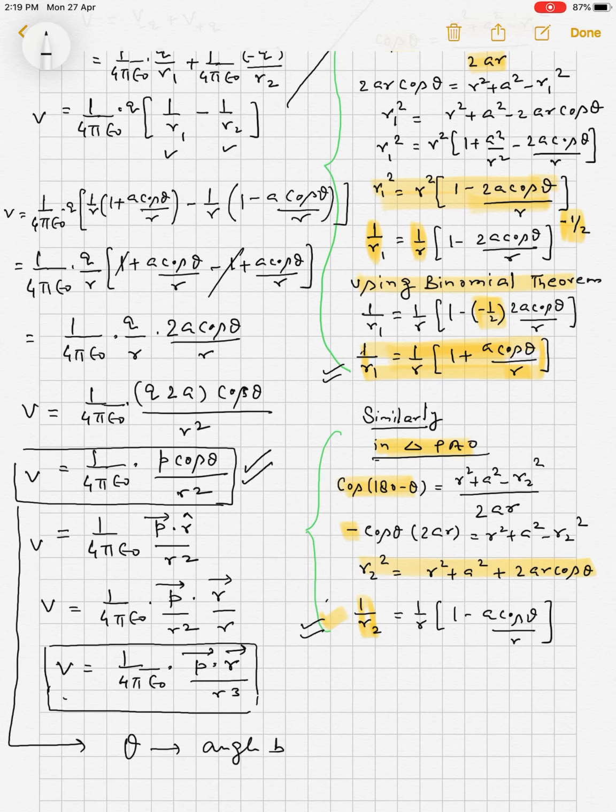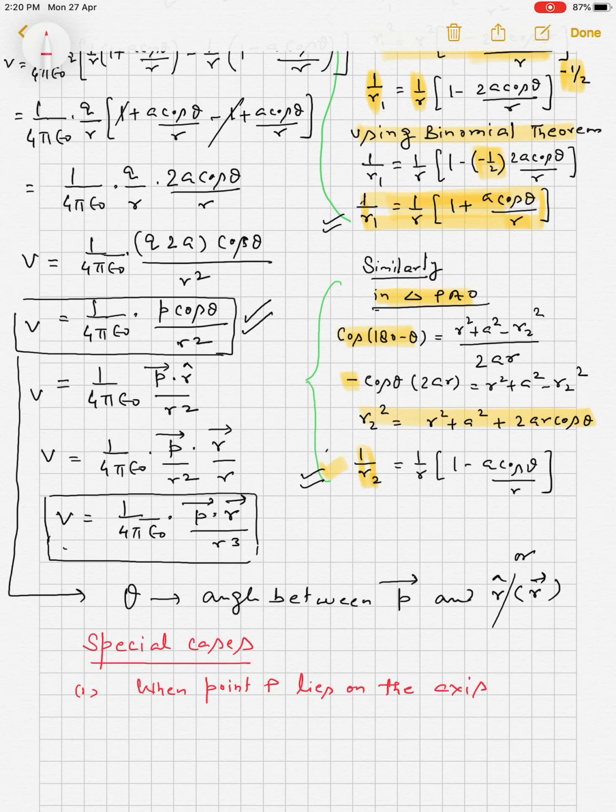Number 1, when point P lies on the axis of the dipole. So in this case theta equal to 0 degree.